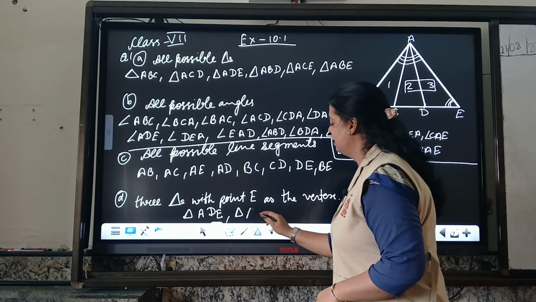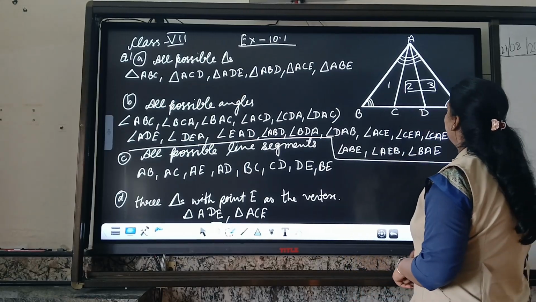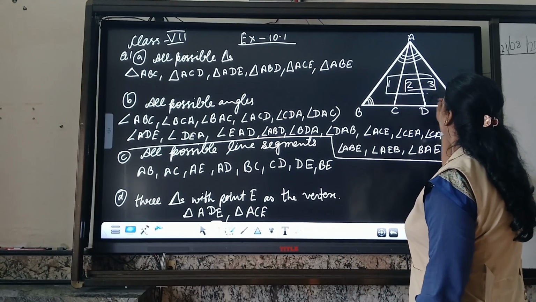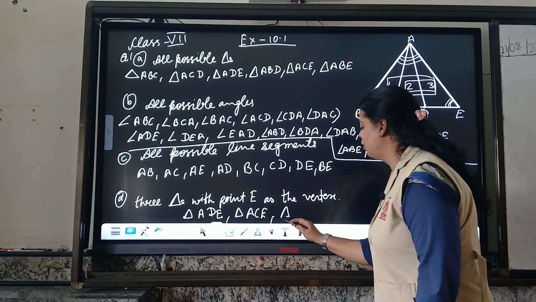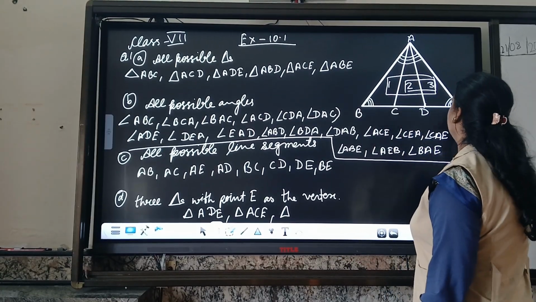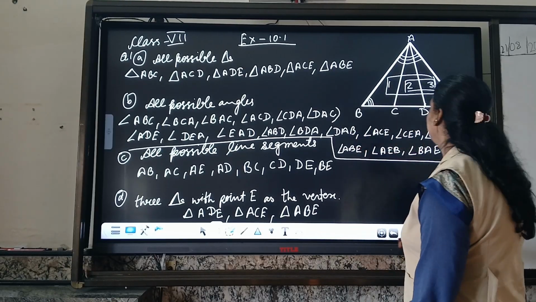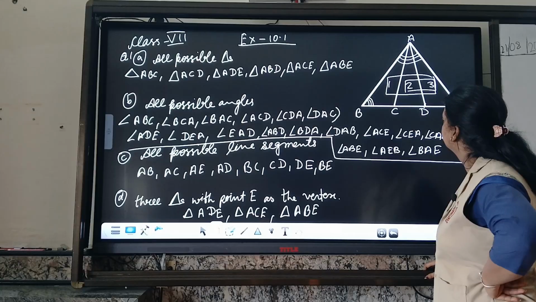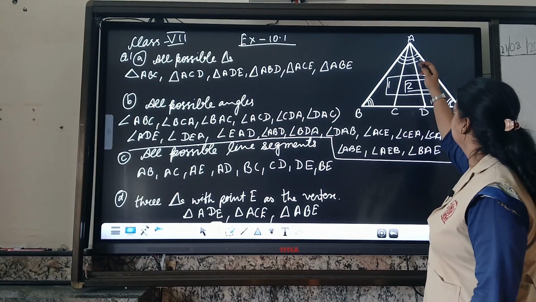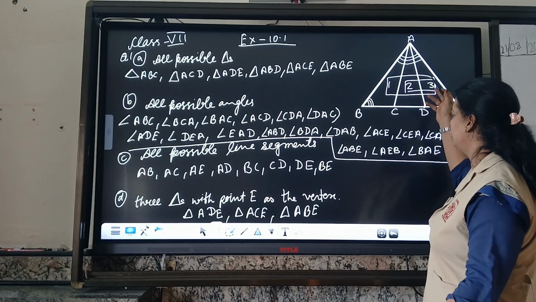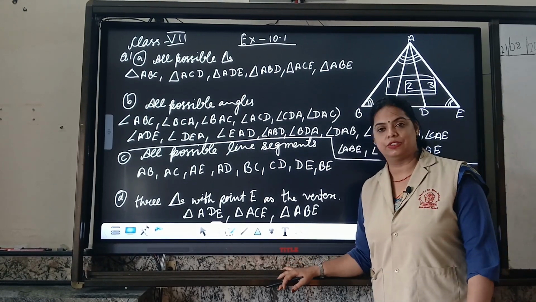Again I have vertex E. Now if I take 1, 2, 3 together, again I have vertex E, because ABE has vertex E. ABD we can't consider because we don't have E. Yes, we have got our answers.